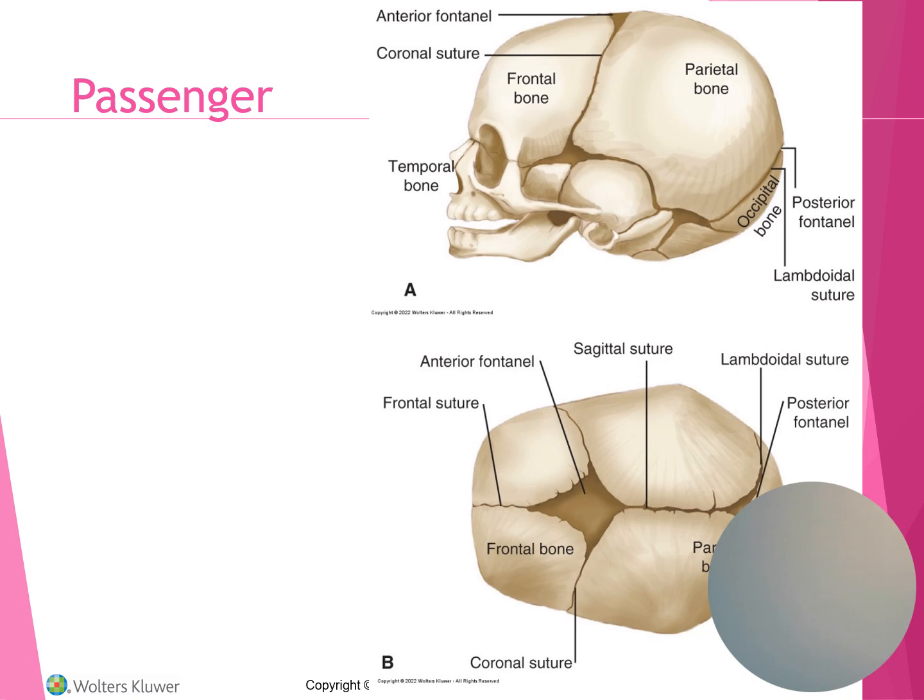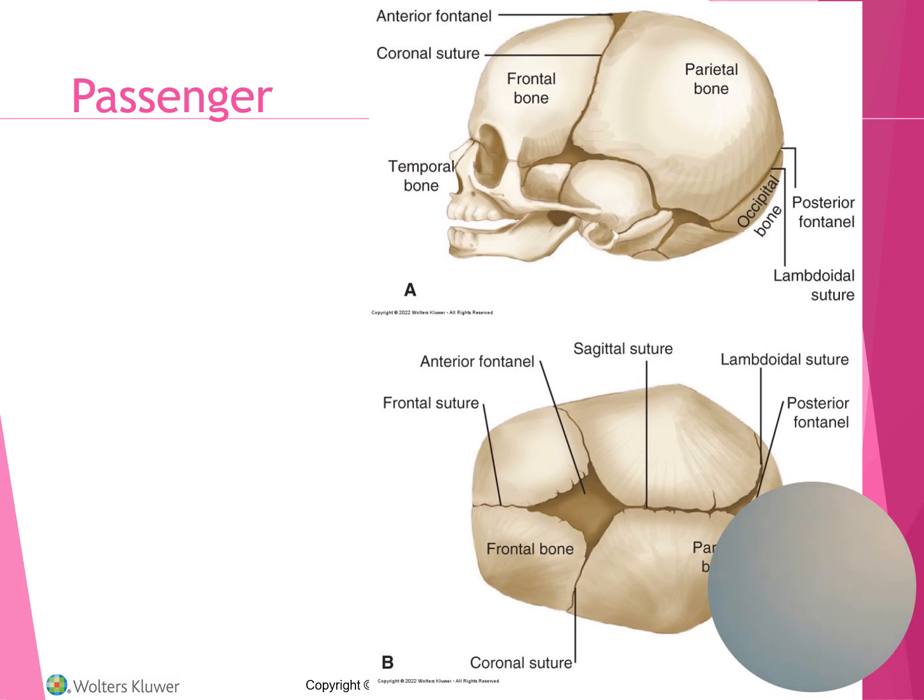So now we're going to talk about the passenger. First of all, we look at that fetal skull and understand that the fetal skull has not solidified. It's able to rearrange itself and to move to be able to fit through that passageway to make it more passenger friendly, I guess.